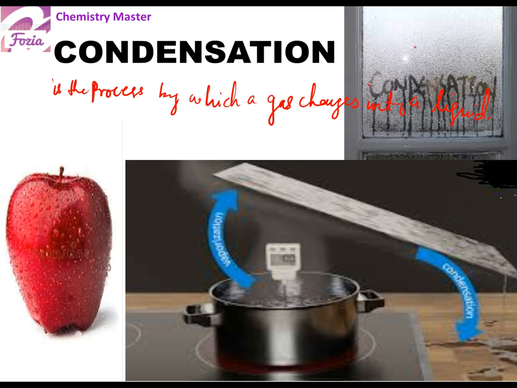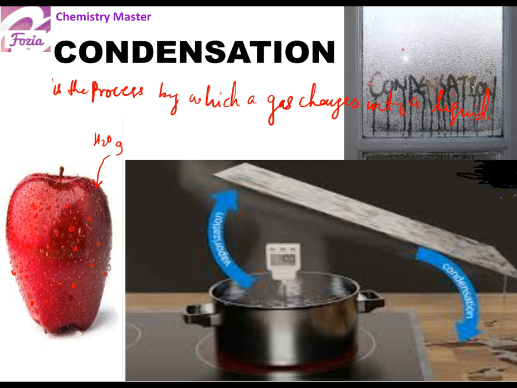And we see so many examples around us. When we put some frozen object or very cool food products on the dining table, water droplets come on its surface as dew. These are the water vapors in the gaseous state. Whenever they find some cool surface, they turn into liquid.